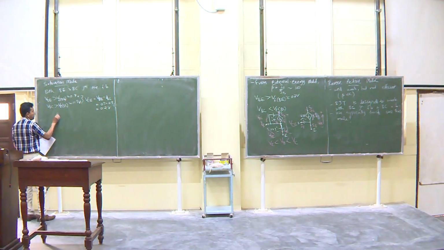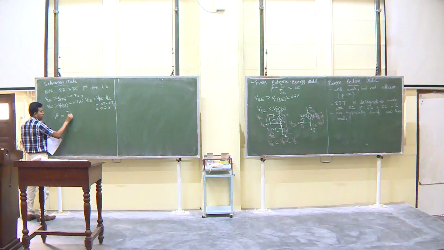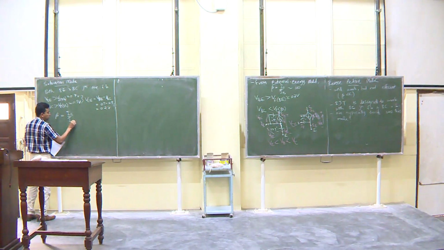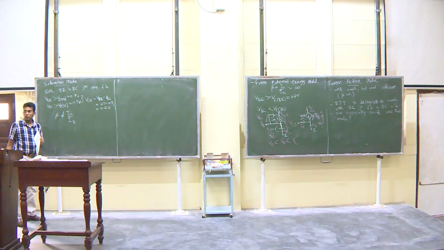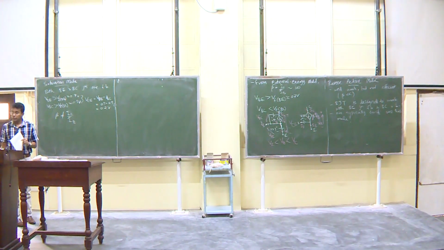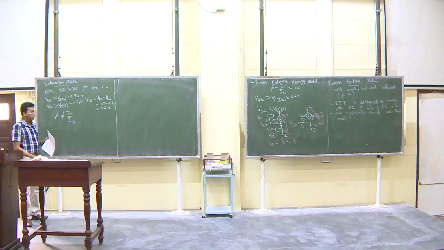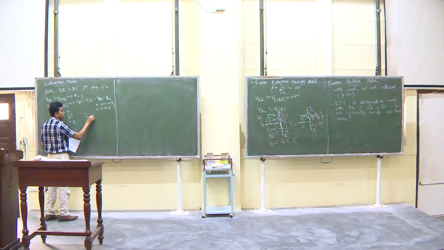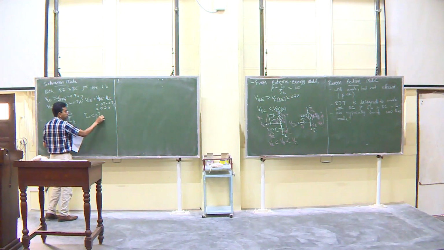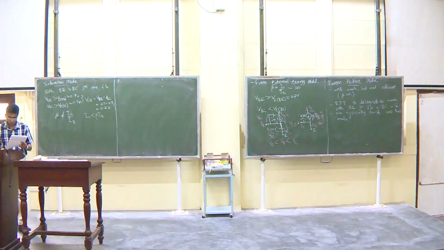And this relationship, beta equals IC over IB, does not hold. The ratio is not beta, IB is much bigger now. So, therefore, IC is less than beta times IB in saturation. Okay.